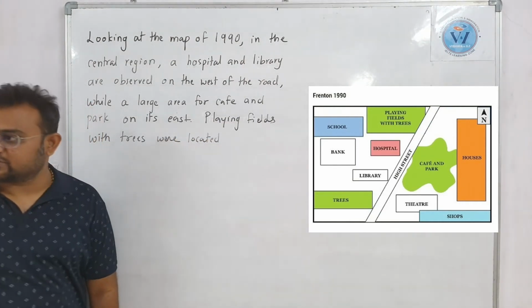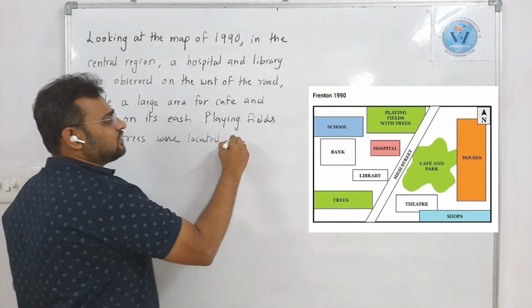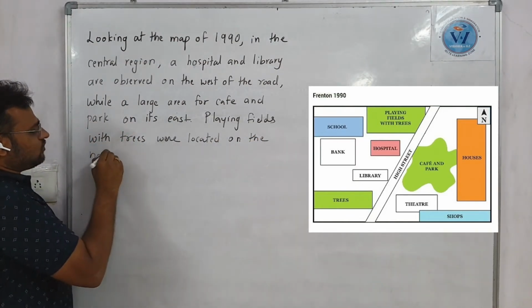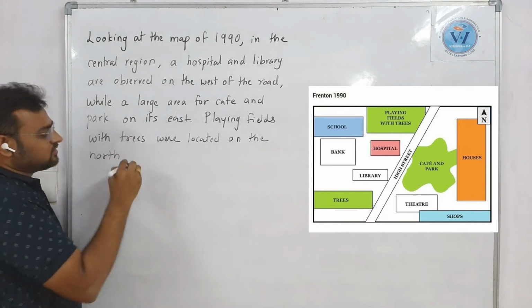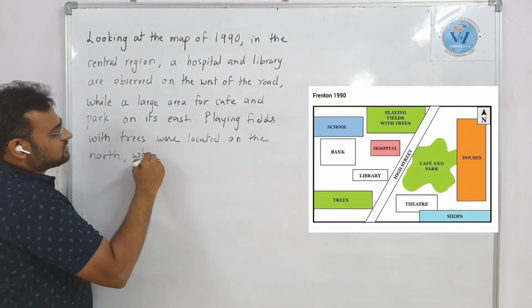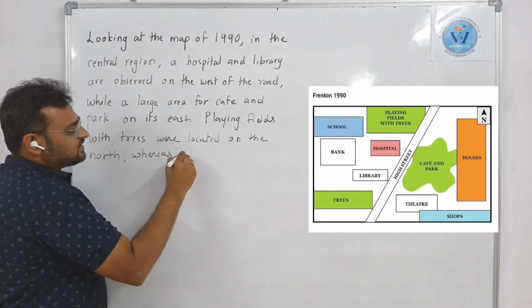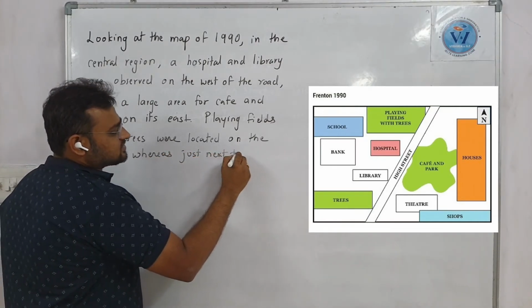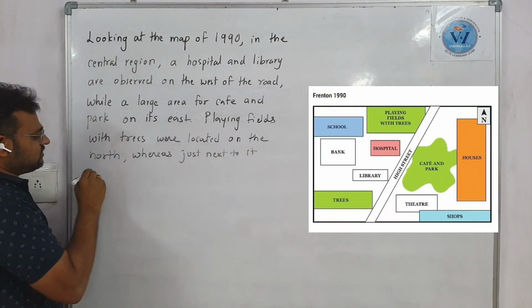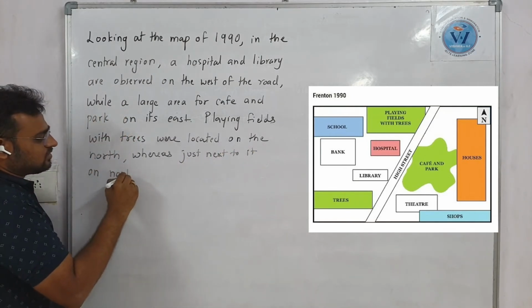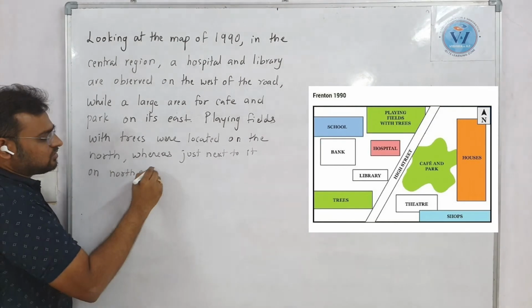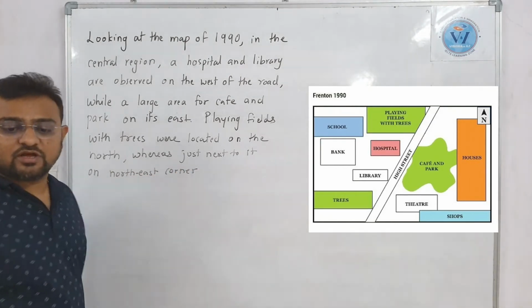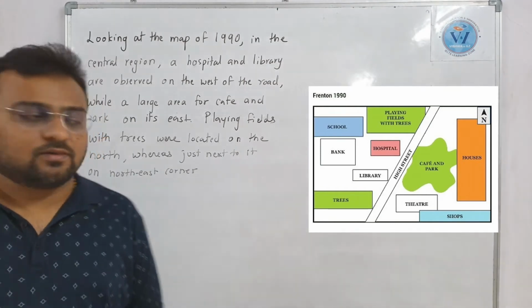Now we are giving location, so we write: playing fields with trees are located on the north, whereas just next to it on the northeast corner, what is located? School.